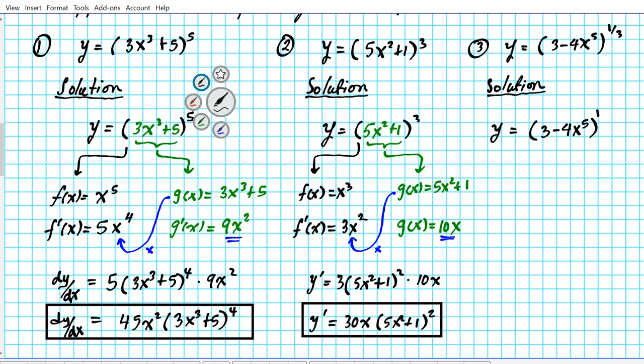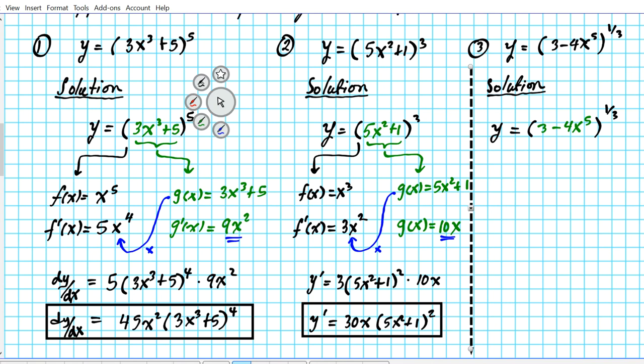Let's color code this so we can see what the inner and outer functions are. The inner function is the quintic binomial 3 minus 4x to the 5th. We close that, raised to 1/3. Now, we're going to decompose the function to identify what f and g are, and then we're going to use the chain rule to find the derivative.